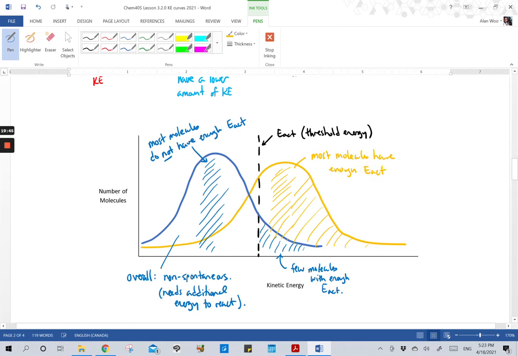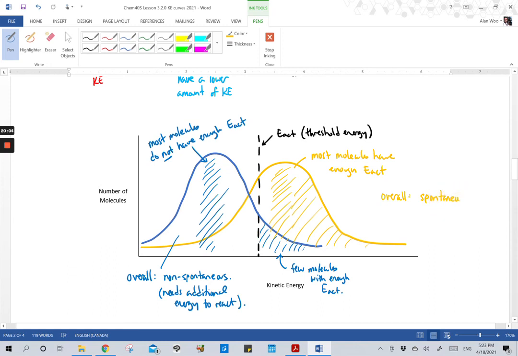Okay, so here the overall reaction means that this reaction will be spontaneous. So it's a spontaneous reaction.